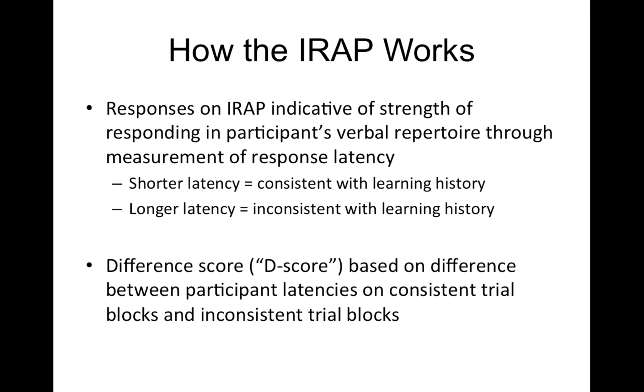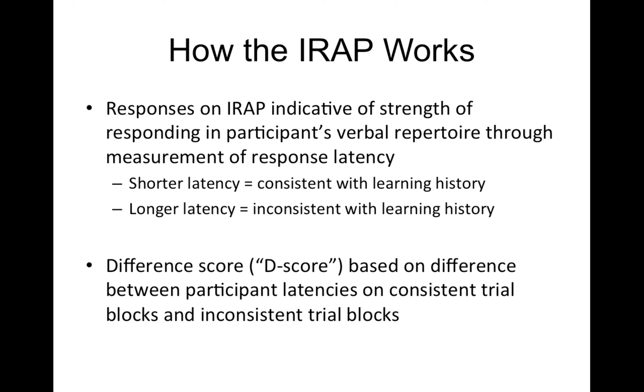Once a participant responds to different trial blocks, the researcher will calculate a difference score that's based on the difference in latency between the participant's responding on consistent trial blocks and inconsistent trial blocks. A consistent trial block is set up in such a way that it involves relations that the experimenter hypothesizes are consistent with most people's relational histories.